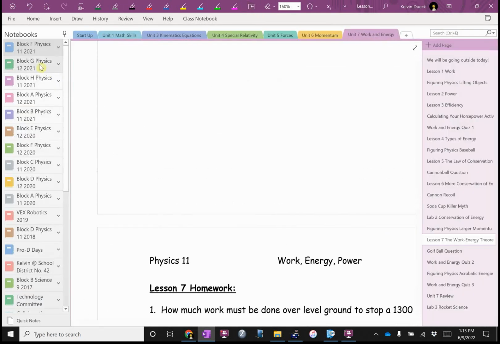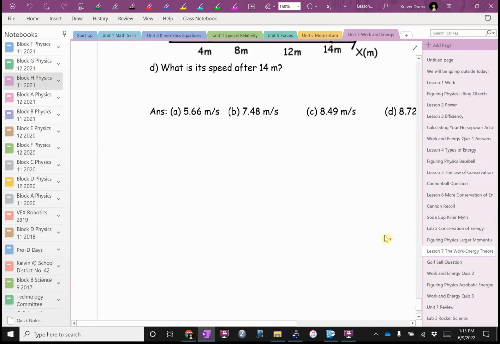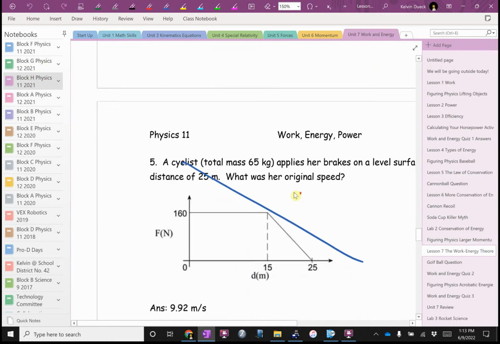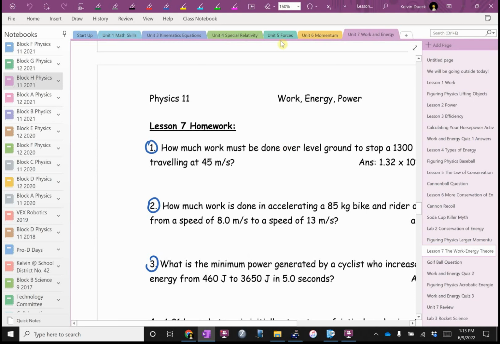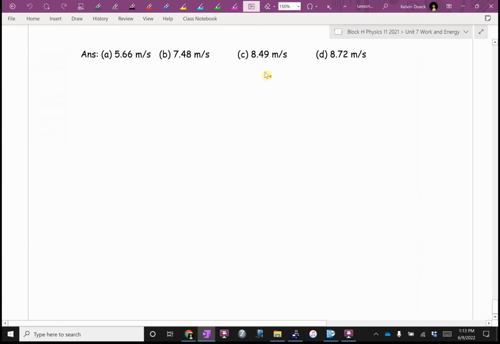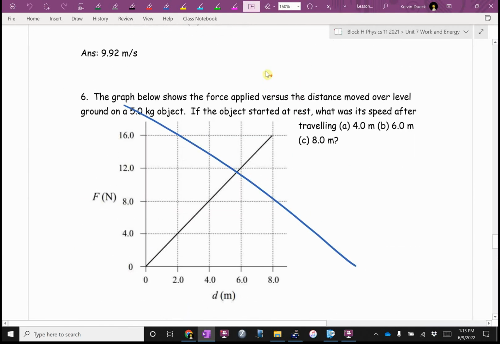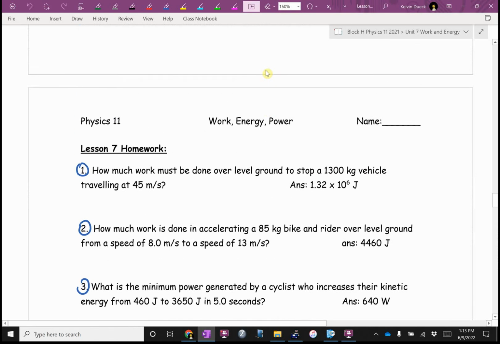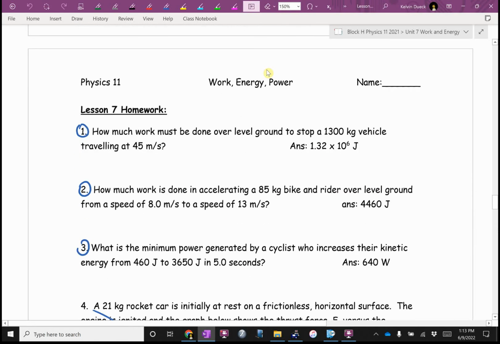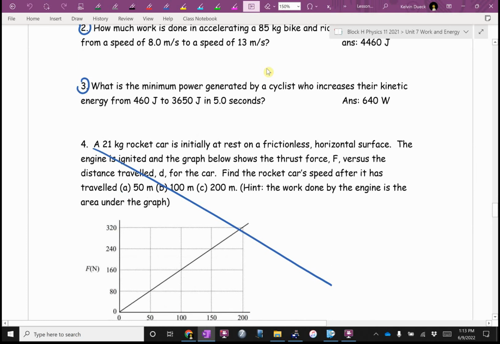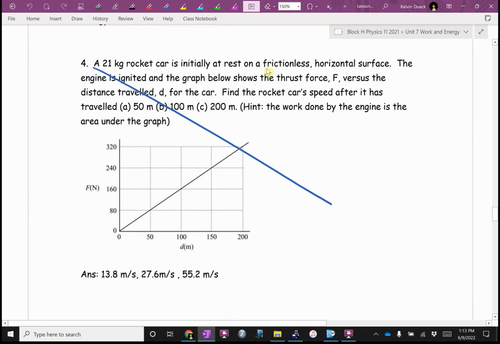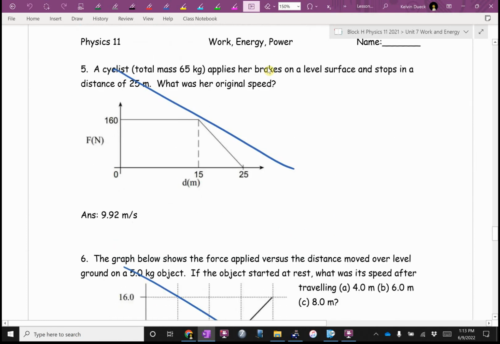What's your homework? You could do number 1. Number 2 is good. Number 3 is good. We're going to skip number 4, the graphing question. We're going to skip number 5.